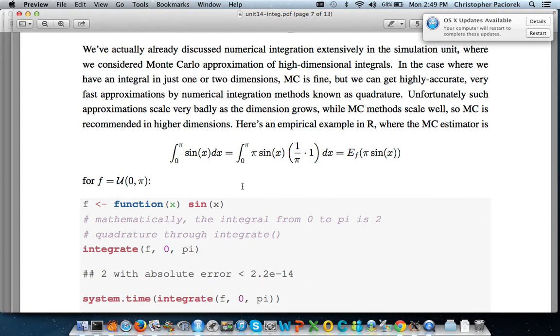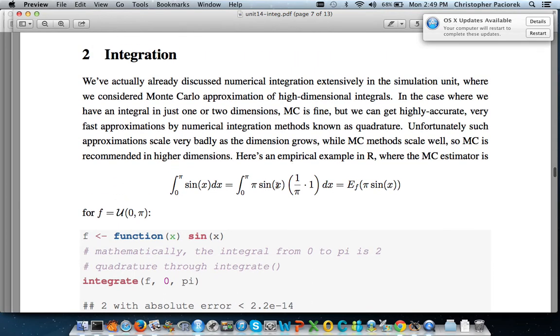Okay, so an example of that would be, suppose that I, for some reason, wanted to integrate the sine function from 0 to pi, and I couldn't do that in closed form because I had forgotten all of my high school trigonometry. Or I guess that was calculus, but maybe I'd also forgotten my trigonometry. Well, in this case, I can get this in the form of a function times a density by just using the uniform density from 0 to pi.